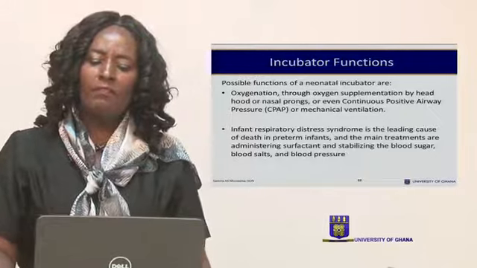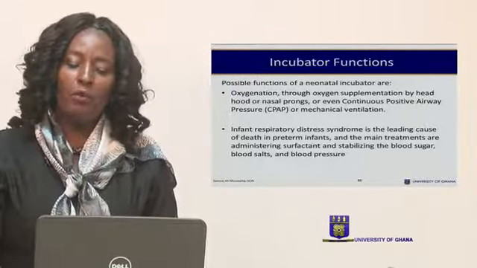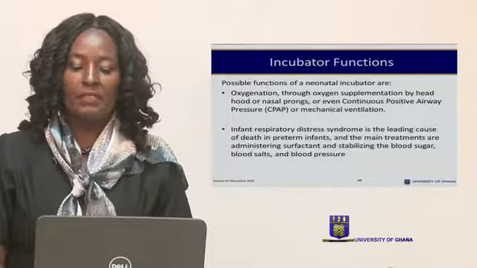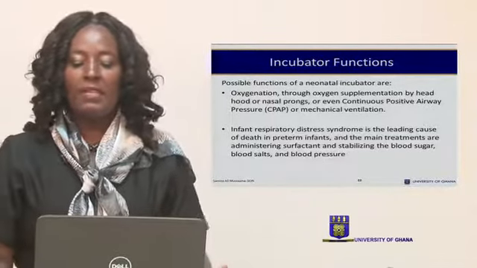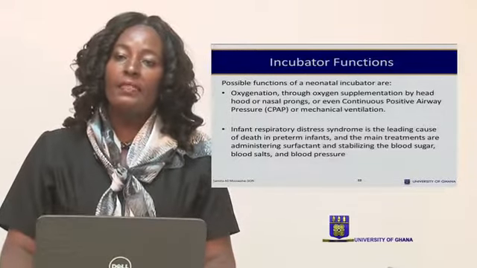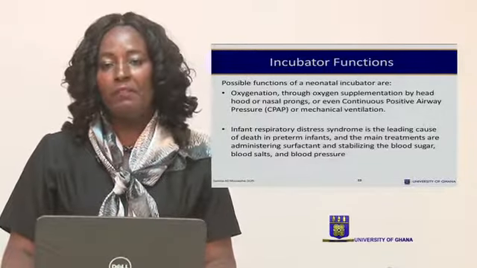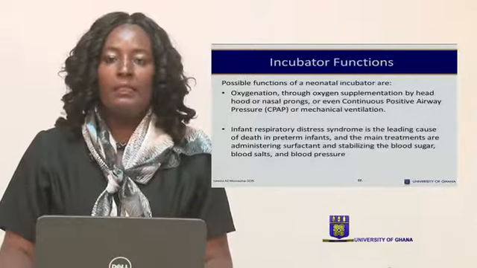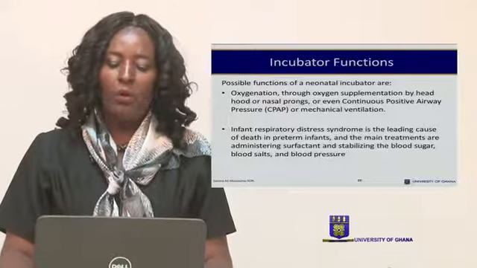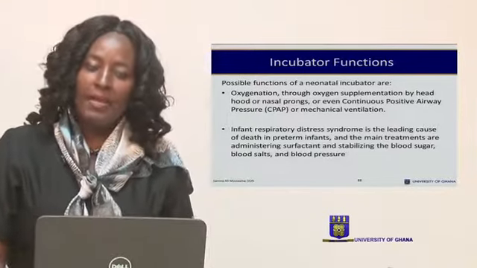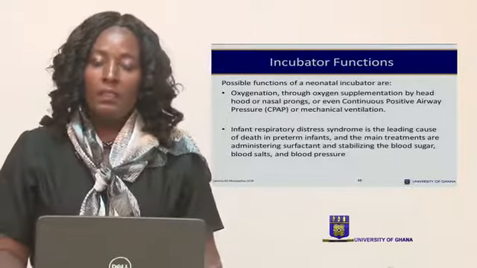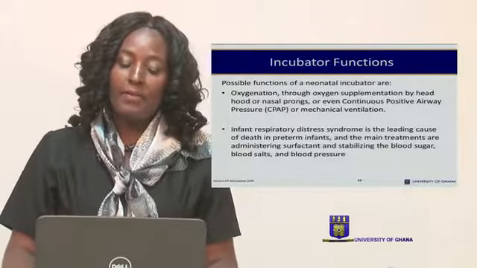So what are some of the functions that we can have, even though we have said a few in passing? One major one is oxygenation, because it allows us to have oxygen supplementation in cases where the ill newborn or preterm infant, as we know, has lungs that are not mature enough and may need support. So we may have to pass some catheter or prongs through the incubator.